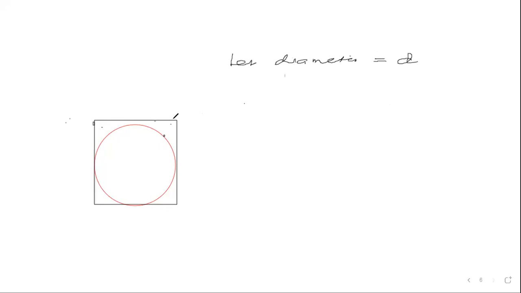Or maybe we better say let the radius be R. It's much better to use a symbol for the radius. All right, so if the radius is R, the distance from here to here will be 2R.